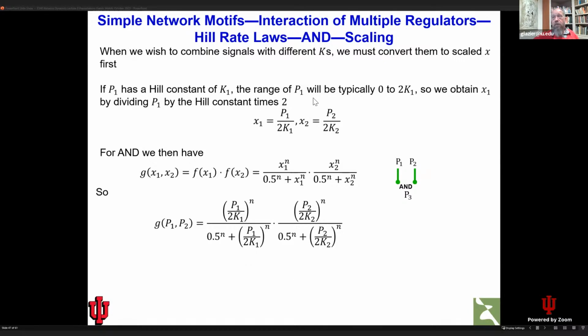If you have signals that are not scaled, you always have to rescale them by K before you put them in combination. Otherwise, it doesn't work. And so if we have values of P1 and P2, we need to divide them by 2 times K1, 2 times K2, and then we can combine them using Hill functions.